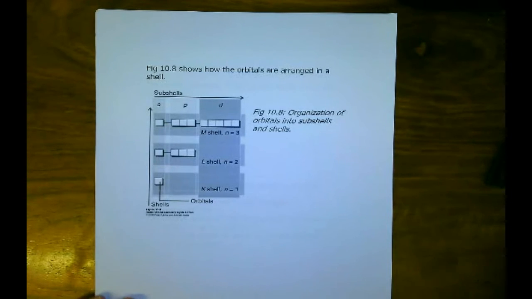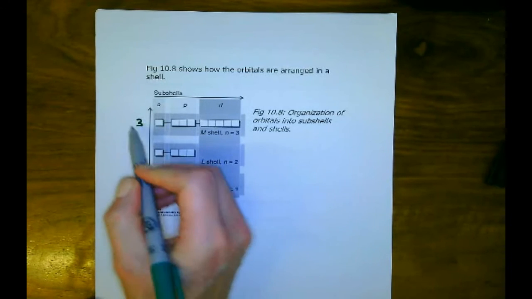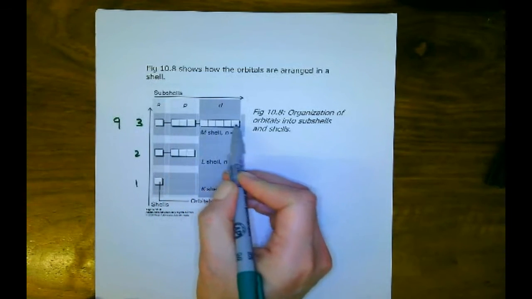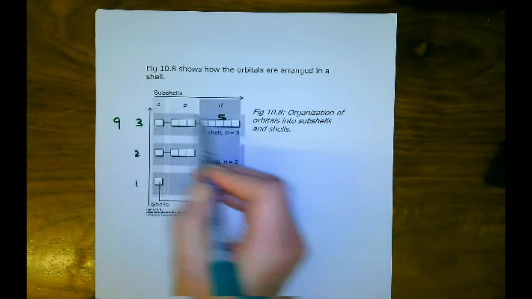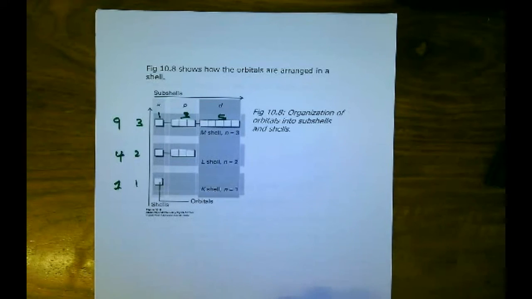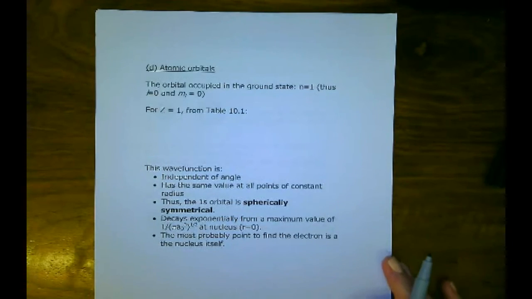For n equal to 3, n squared is 9: 1, 2, 3, 4, 5, 6, 7, 8, 9, because we've got 5 d orbitals, 3 p orbitals, and 1 s orbital. So n squared fold degenerate. Here we have 4, and here we have 1.